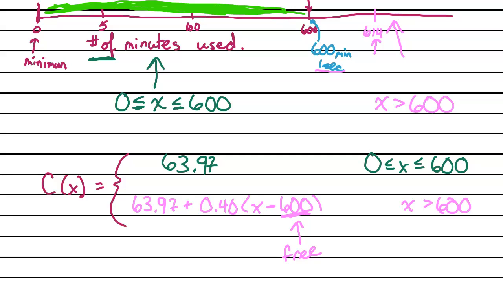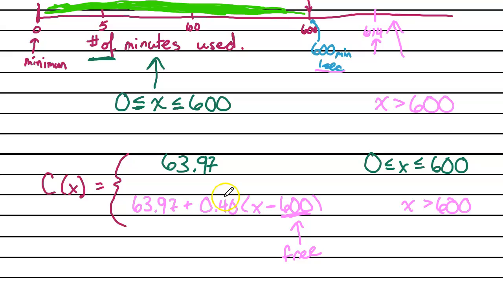So think about my x being the number of minutes, and I put in 614 here. I need to only be charged for 14 of those minutes, so I would need to subtract out the 600. So that is why the function looks like this, where I have my x, number of minutes used, minus that 600, because those are the original minutes I can use without being charged.